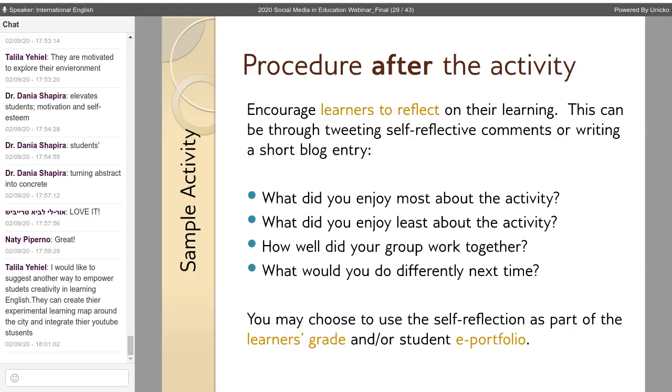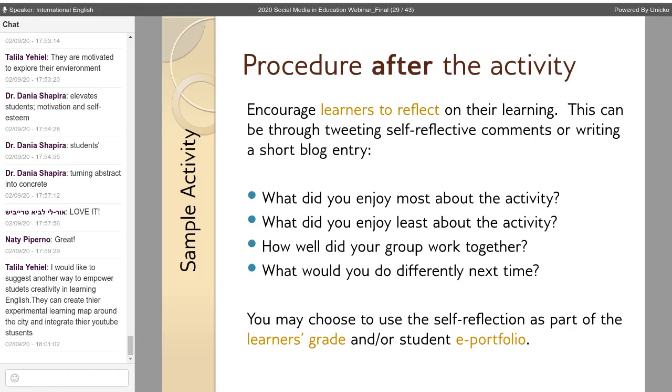So how do we help students reflect on their learning? We help them through tweeting self-reflective comments or writing a short blog entry, asking them to reflect on the following questions. What did you enjoy most about the activity? What did you enjoy least about the activity?